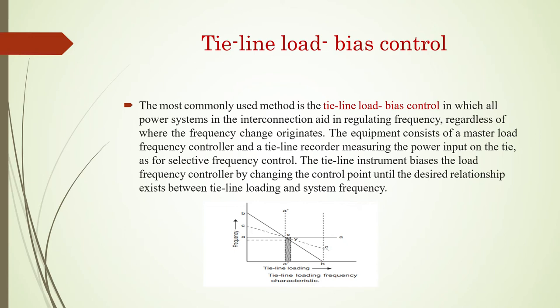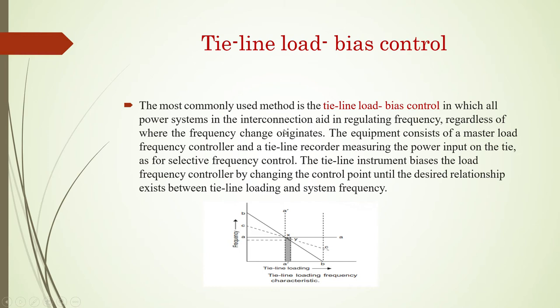Next is tie line load bias control. This is the most commonly used method, in which all power systems in the interconnection aid in regulating frequency regardless of where the frequency change originates. So wherever the change in frequency may originate, this will control that regulation.